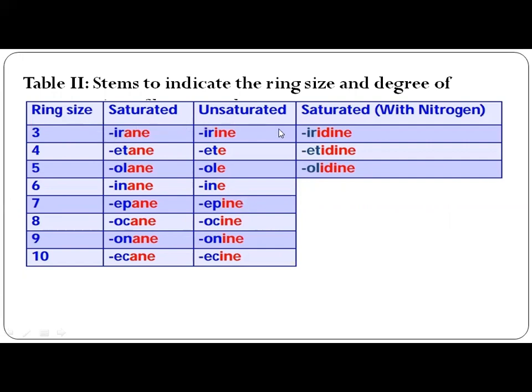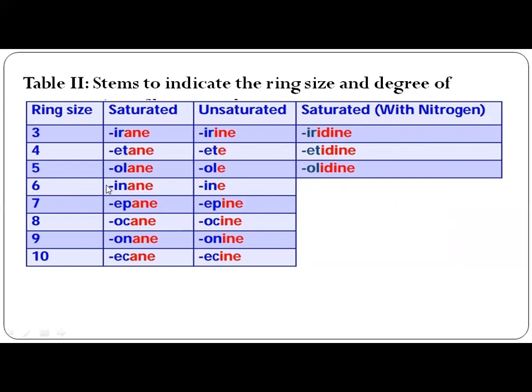If that ring is unsaturated, means it contains alternate double and single bonds, then our suffix will be irene. Next, a 4-member saturated ring is etane, and a 4-member unsaturated ring is ete. For a 5-member saturated ring, the suffix will be olane, and unsaturated is ole.